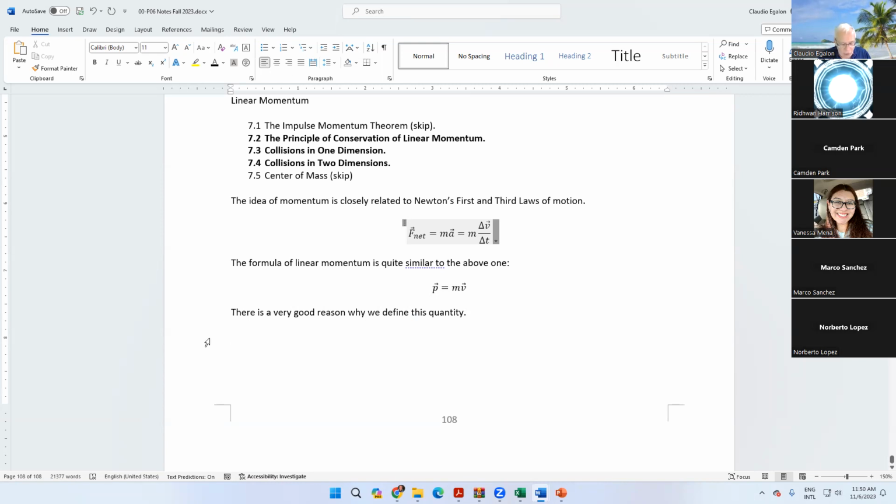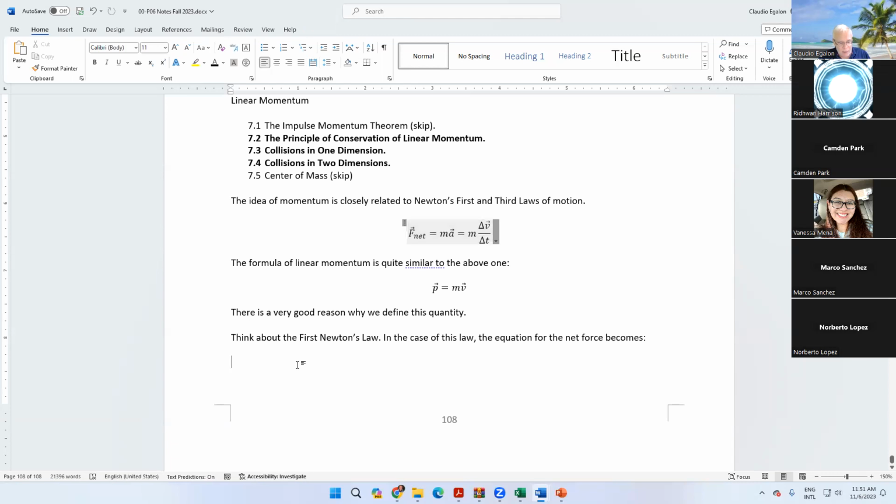Think about the first law, Newton's first law. In the case of this law, the equation for the net force becomes what?